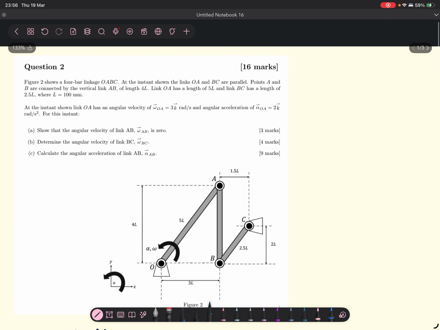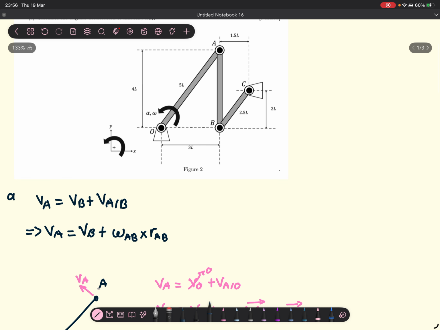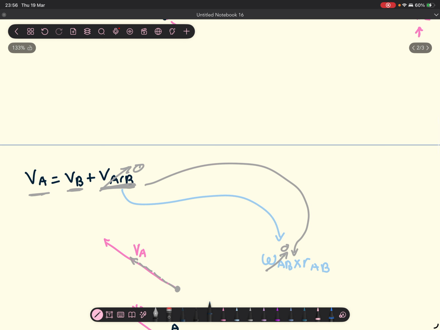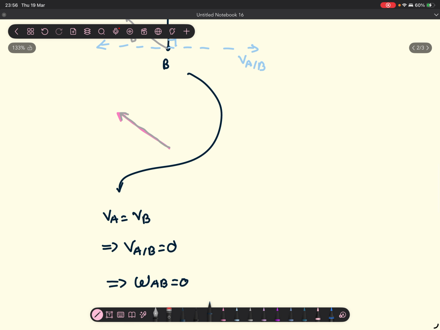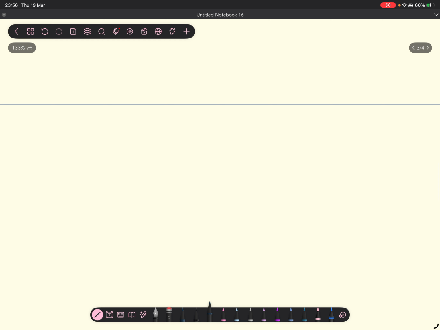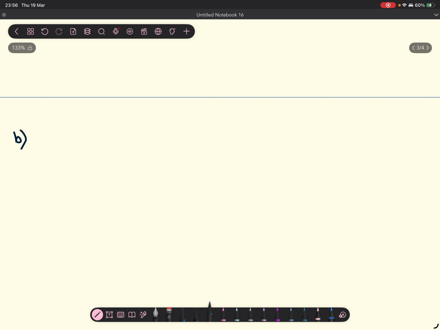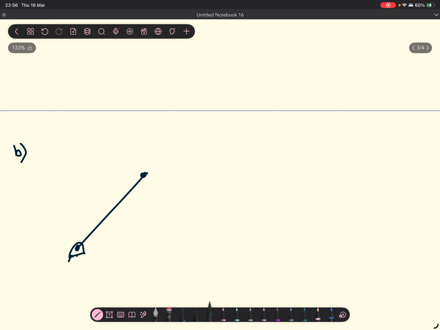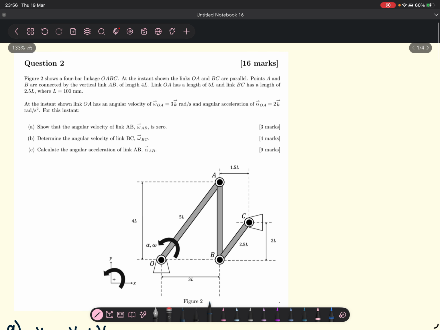Okay. Then this is part A. For part B, we're asked to determine the angular velocity of the link BC. Which isn't too bad. With this question, you start with a link where you know a lot of information. So link AO, we have quite a bit of information.